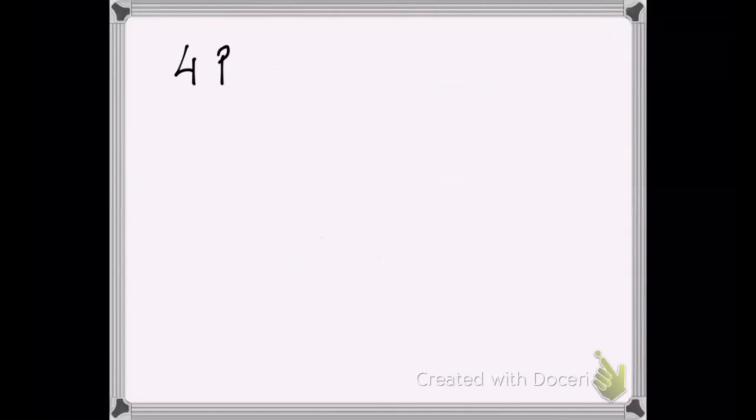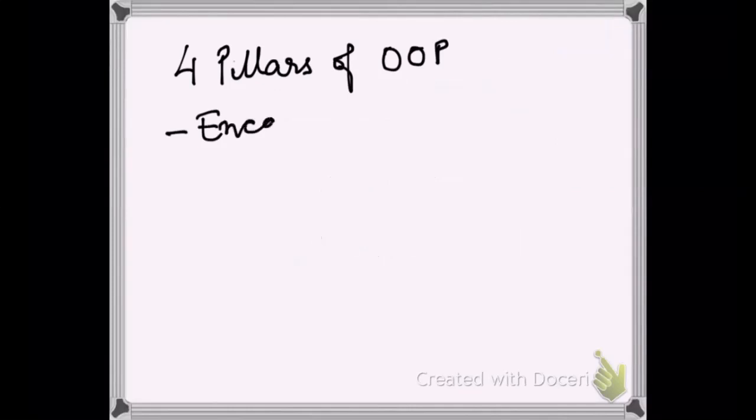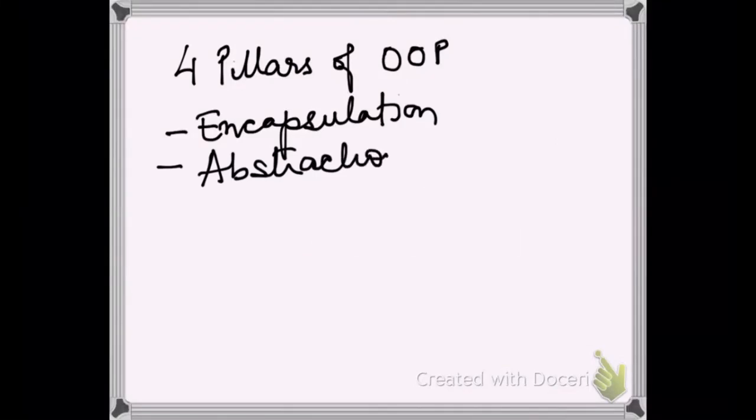Now in the previous lecture we have already talked about the four pillars of OOP, of object oriented programming, which were encapsulation, then abstraction, then we had inheritance, and we had polymorphism.